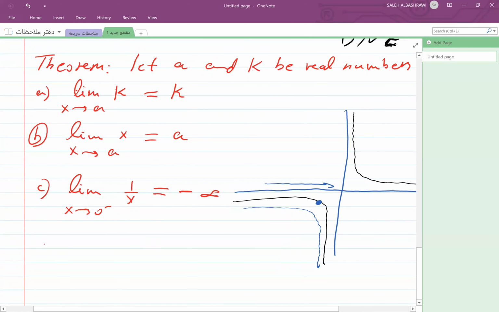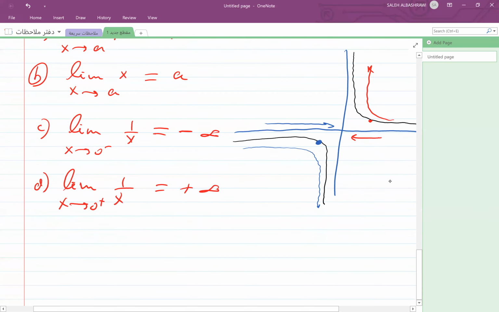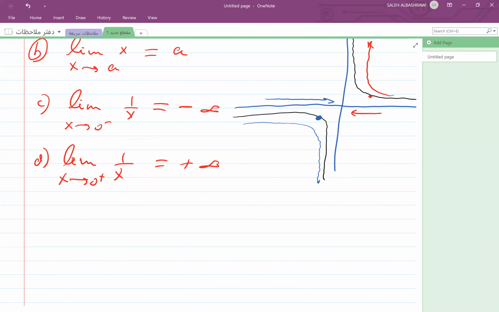And if we approach 0 from the right, then we are moving in this direction, because we are approaching 0 from the right. And this will be plus infinity. So the limit of 1 over x when x goes to 0 minus is equal to minus infinity, and the limit of 1 over x when x approaches 0 plus is equal to plus infinity. The negative or plus sign for 1 over x depends on the sign of the numerator.